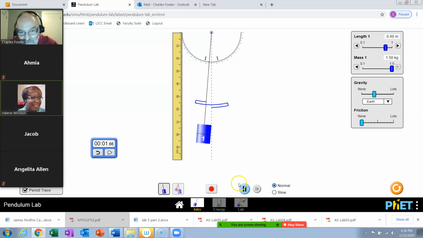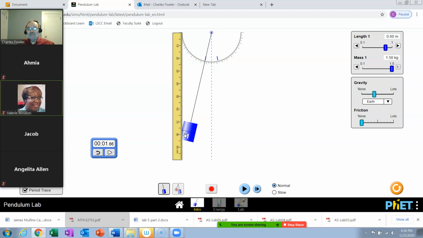Let me see if I can get this to move back up here. Right around 0.04. Okay, what's the velocity right there? Is it moving?